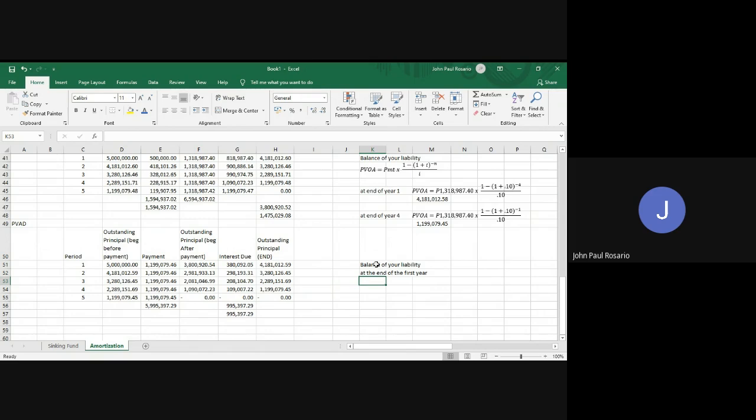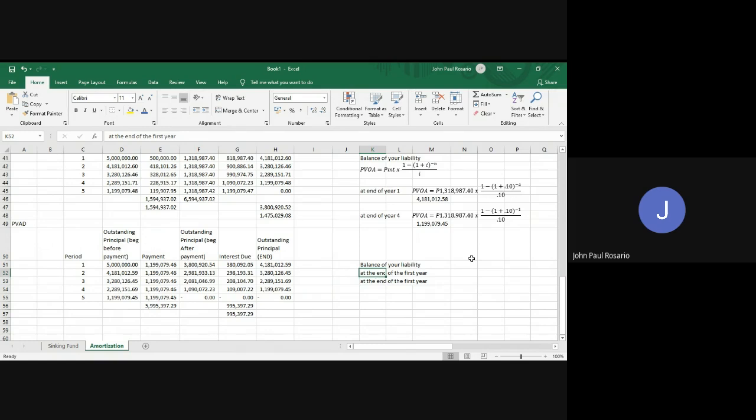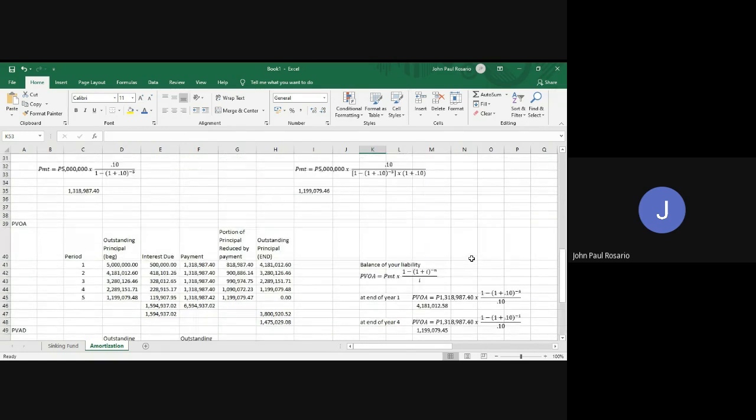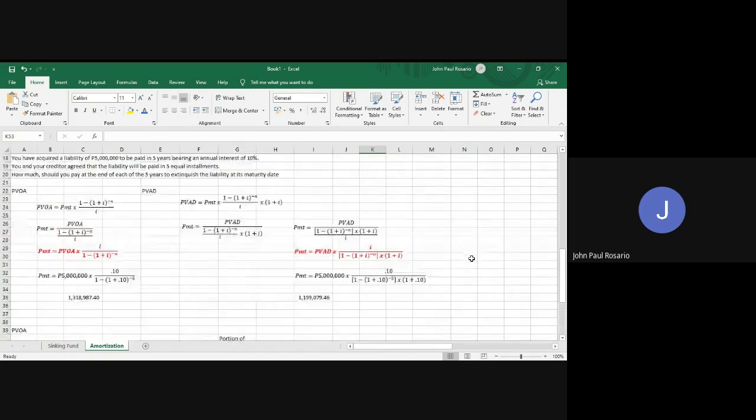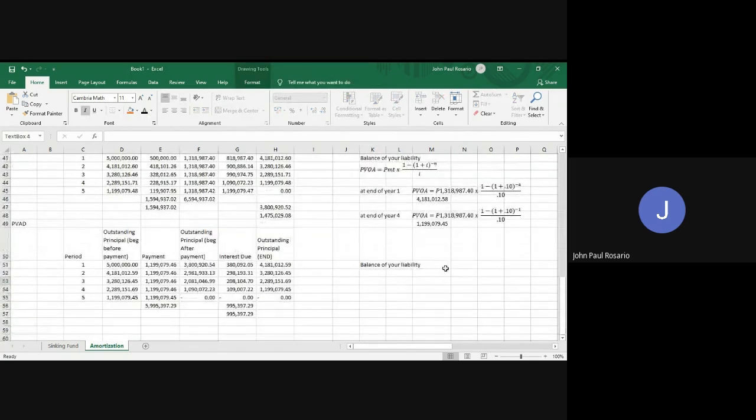At the end of the first year, no, actually, we will still be at the end of year 1. Okay. For this naman we will be using this formula, the balance of liability formula.